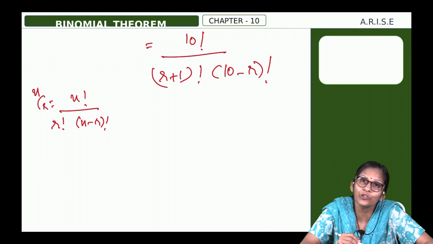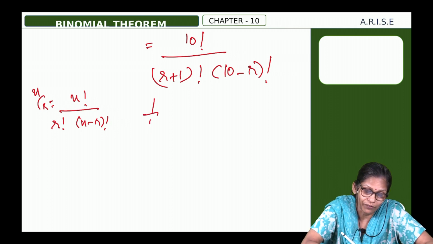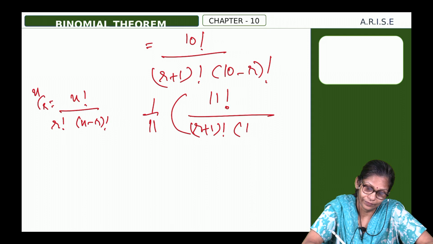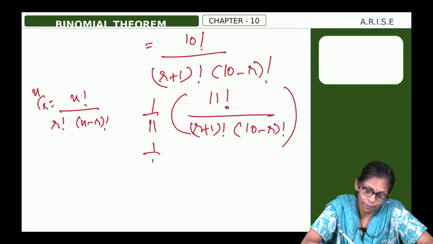So how do I introduce 11 factorial? You divide by 11 outside and multiply by 11 inside. Minus r factorial. So this is 1 by 11 into 11C r plus 1, isn't that the term in the bracket?